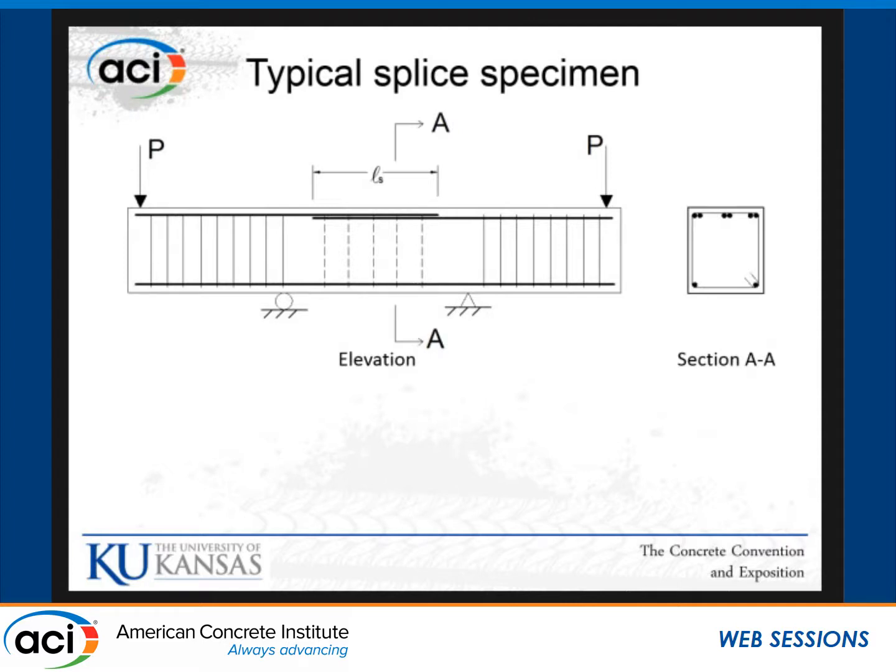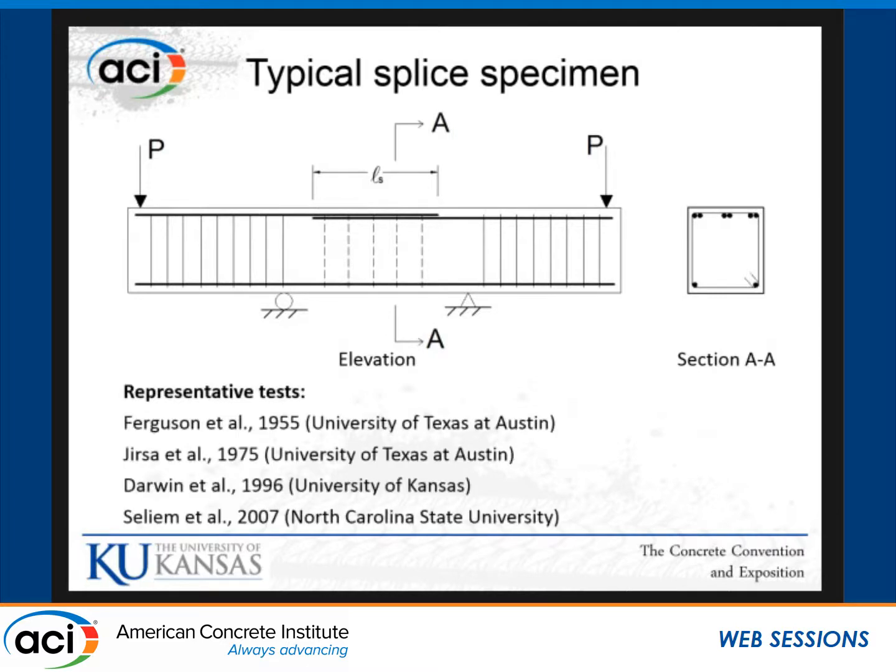Think about splice specimens: they are easy to construct and test, and they've been used widely, universally, by many researchers. Among those researchers, we have Ferguson in the 50s, Orangun in the 70s, Darwin in the 90s, and most recently Sakurada in 2007.